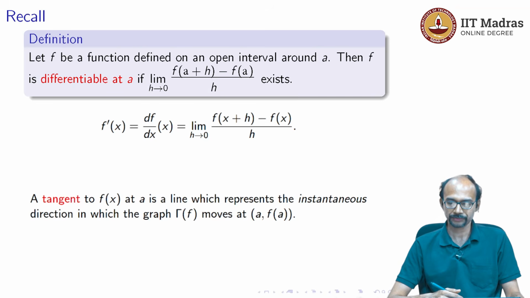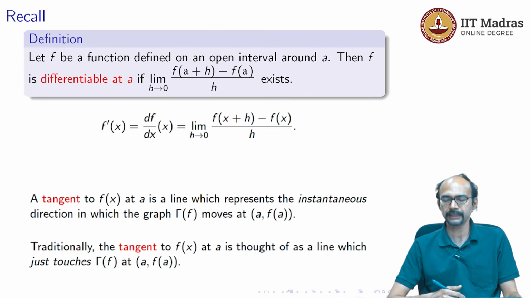Okay. So, let us now recall what is a tangent. If you have a function f and you consider a point a which is in the domain of that function, a tangent to f of x at a is a line which represents the instantaneous direction in which the graph gamma f moves at the point a comma f of a, which is a point on that graph. So, you look at this graph as a curve, and on that curve we have this point a comma f of a, and we ask at that point what is the instantaneous direction in which the curve is moving.